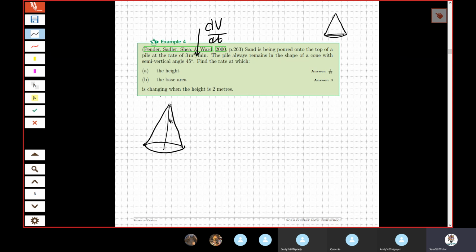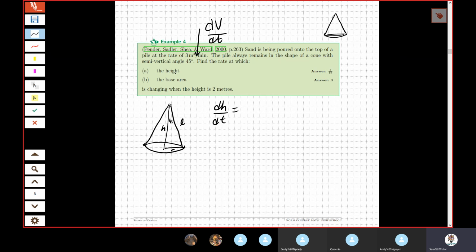Find the rate at which the height is changing when the height is 2 meters. So this is H, this is R. Now what else do you have? You've got L as well for a cone. You've got dV on dt. We want to find dH on dt.